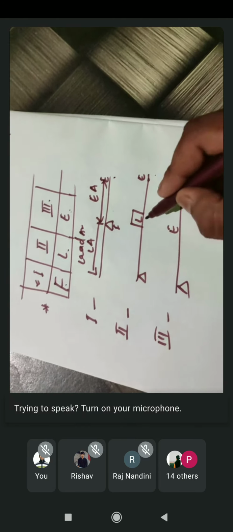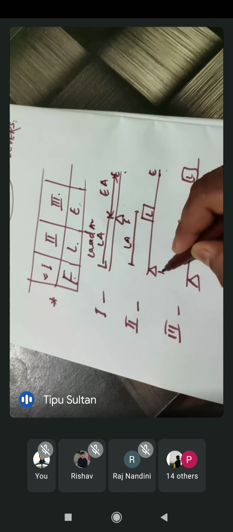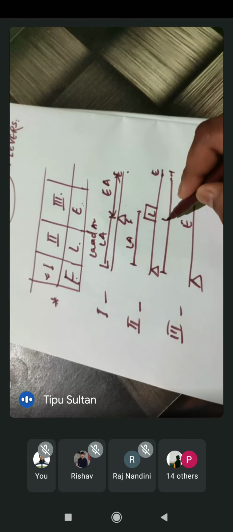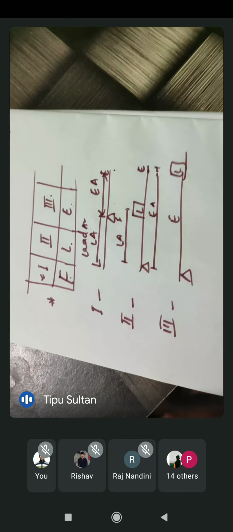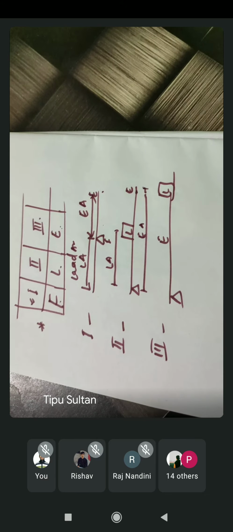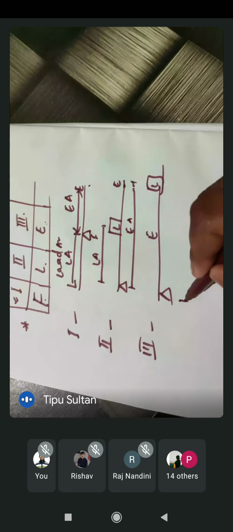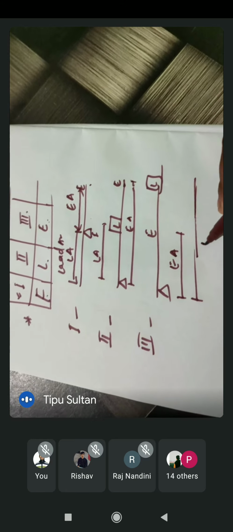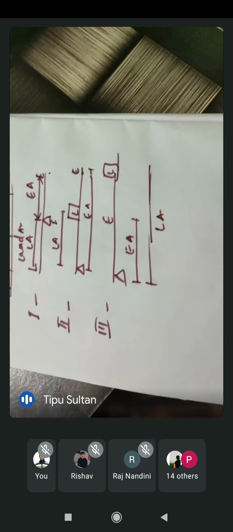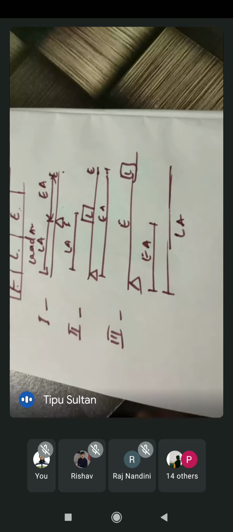It means you always measure the arm length from the fulcrum. From here to here it is the effort arm. From here to here it will be the load arm. So this is all about lever of class 1, class 2, class 3.